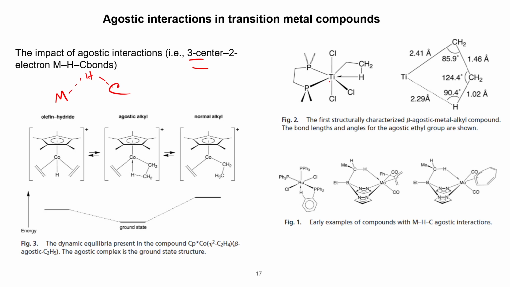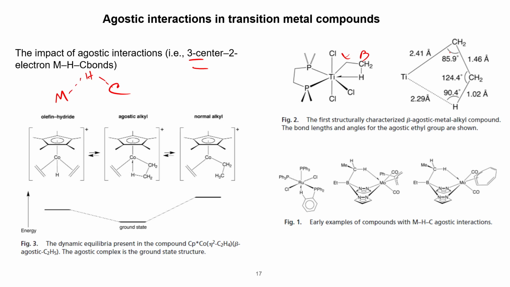So if titanium is having this phosphorus ligand and this alkyl unit, this particular beta hydrogen has interaction with the titanium. And so in the crystal structure, they were able to observe this particular thing, where you are seeing this kind of geometry is maintained.